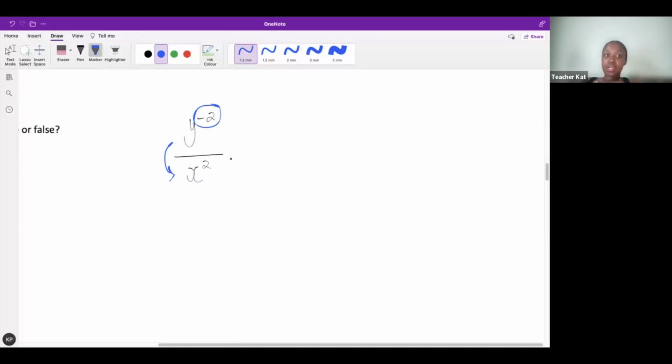Okay, so after this, my y moves to the denominator, what is going to be left in the numerator? A 1. So it's 1 over x squared y squared. Doesn't matter where the y goes. We typically write them in alphabetical order. x, y.